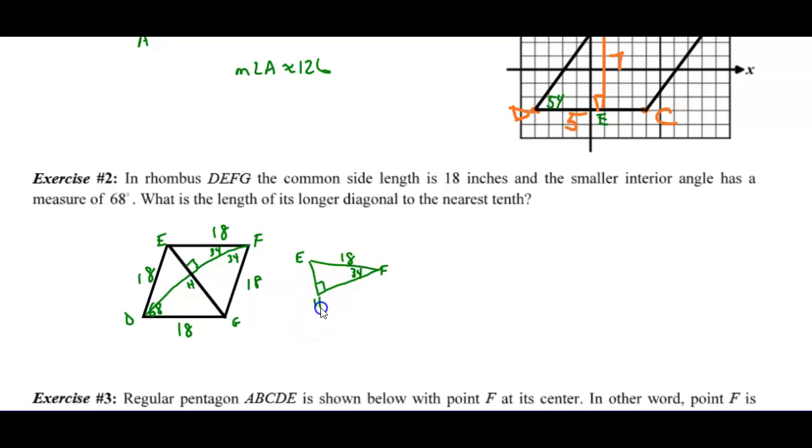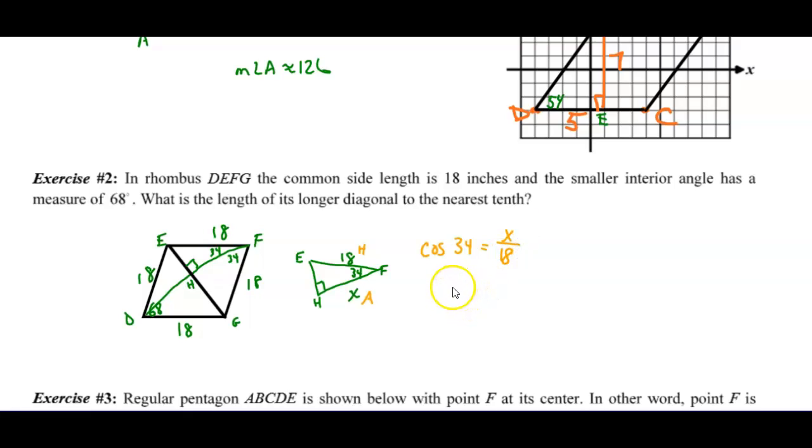Okay, well, I can solve for a segment FH, which would be nice because that's half of my diagonal that I'm looking for. So I'll put an X there. And so within that mini right triangle, 34 degrees, X is the adjacent side, 18 is the hypotenuse, A and H tells me to do cosine. Cosine 34 equals X over 18.